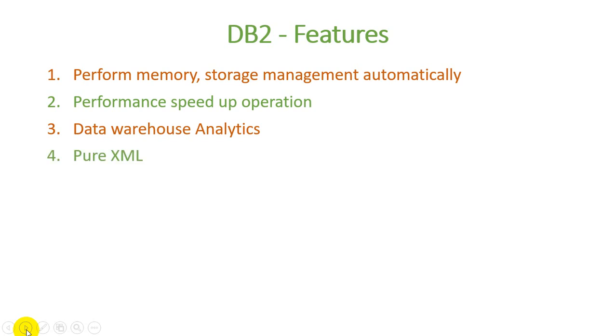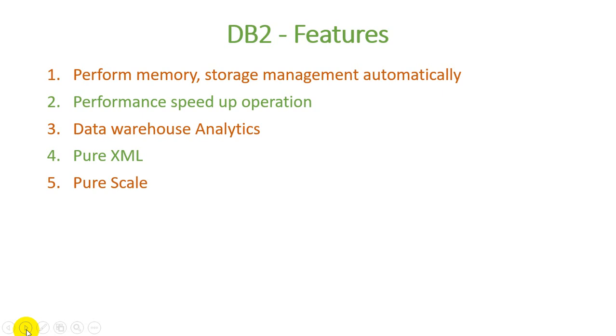Fourth, as we saw previously, it works with XML as well as object-oriented functionality, so it is based on pure XML features. Fifth, pureScale, meaning it is flexibly provided by IBM based on the organization's requirement, like a smaller scale or a giant company.